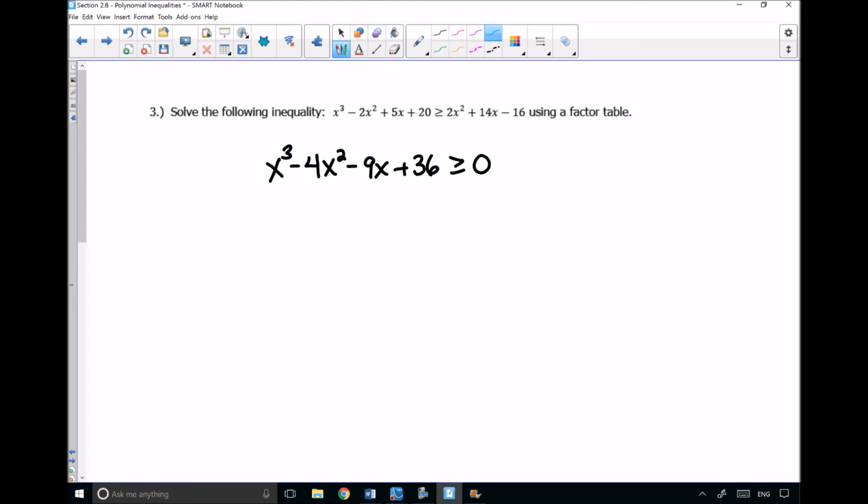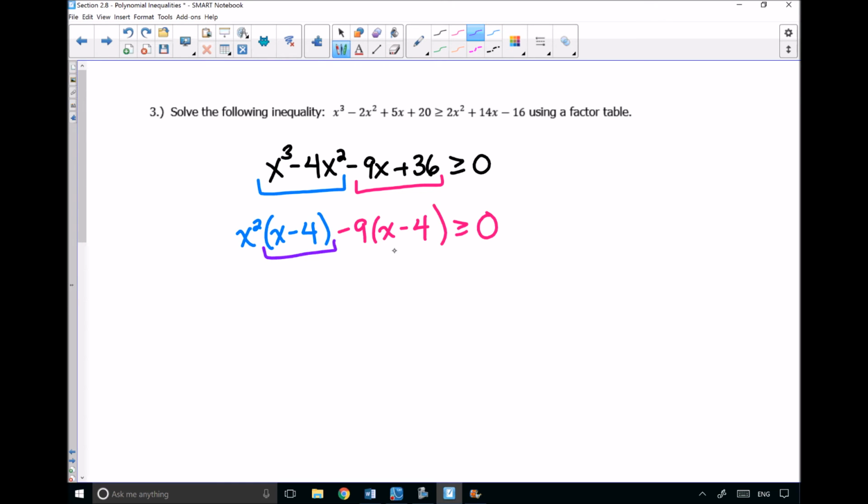Okay, now I can factor this using the factor theorem. However, there seems to be a lot of stuff in common, so I'm going to see if I can factor by grouping. x cubed minus 4x squared has an x squared in common. When I factor it out, I get x minus 4. In this group, negative 9x plus 36 have a negative 9 in common. When I factor it out, I get x minus 4 as well. So I end up getting x squared times x minus 4 minus 9 times x minus 4. These x minus 4s are in common, so I can factor that out.